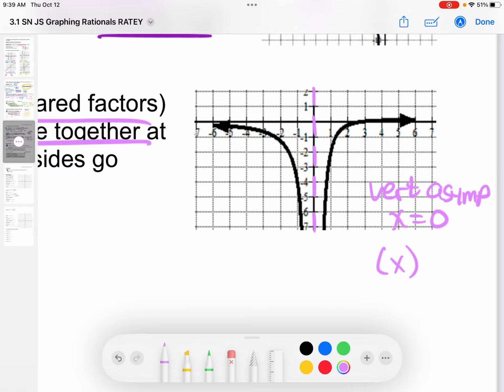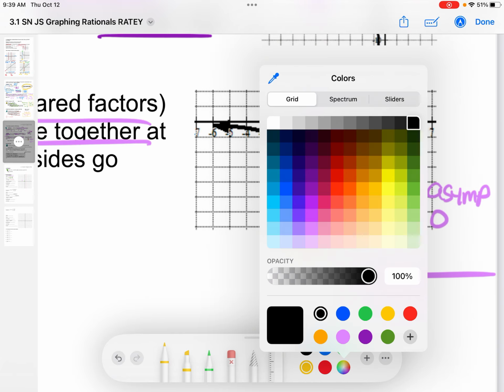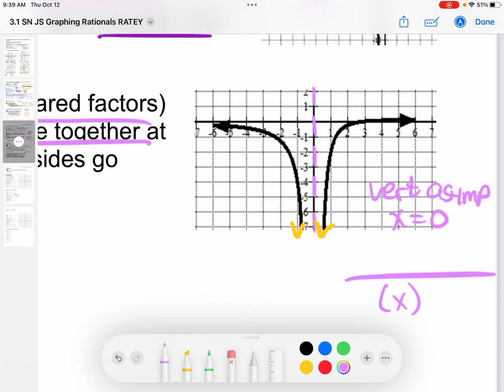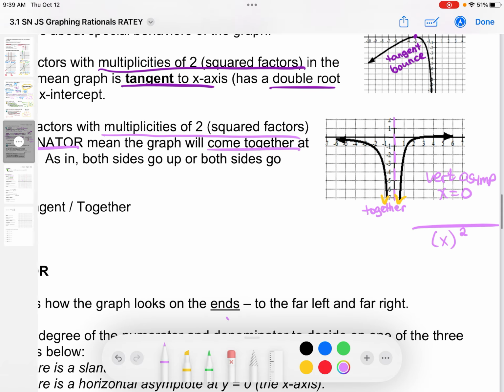That means x was a factor in the denominator. And because both ends of this graph go down, that's the together. This is what the together looks like. Both sides of that asymptote, left side and right side, face the same way. So that x factor in the denominator will be squared.